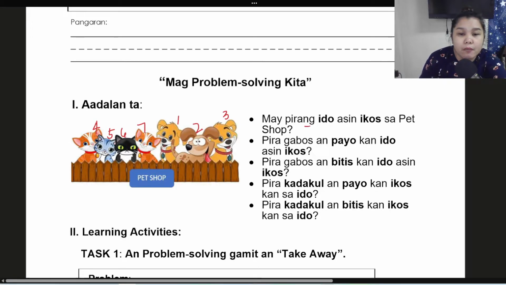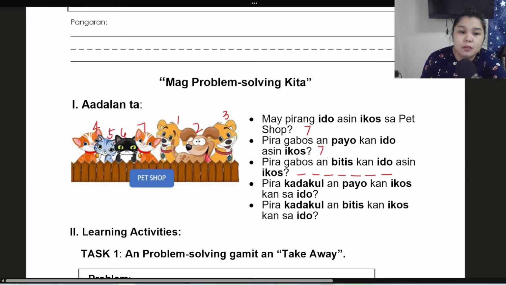So, we have 7. Piragabos ang payokan ido asin ikos. So, if we have 7, piragabos ang bitis kan ido asin ikos. So, 7 na dogs and cats. Tapos, bitis. So, pira ang bitis, feet.